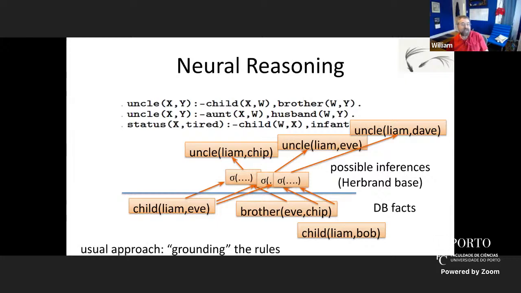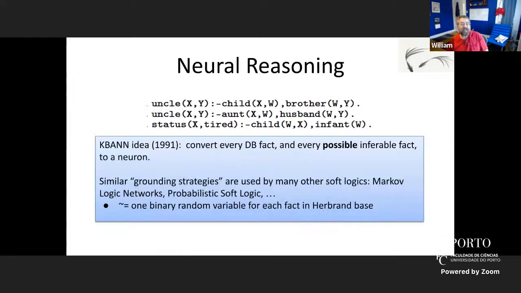It's called grounding the logic program. This idea is at least 30 years old. The same sort of grounding strategies are used by many other sorts of soft logics. There's a lovely survey on this that Lisa Couture wrote a few years back. And you can think of this, if you're inclined to think in terms of probabilistic graphical models, as a model where you've got one binary random variable for each fact in the Herbrand base.